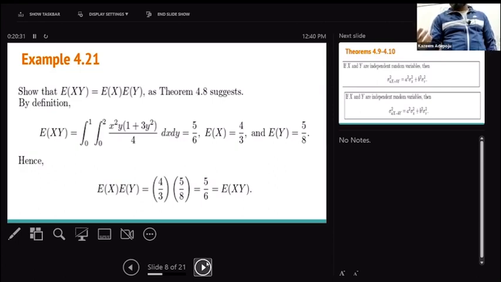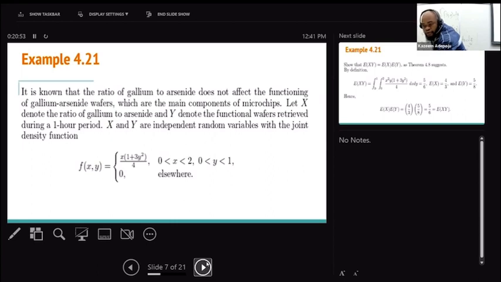Does that make sense? But if you don't want to go by what I've done, if you want to waste time, you can just do this. You already know how to get f of x: integral of f of x y dy over the range of y, 0 to 1. Get your f of x.